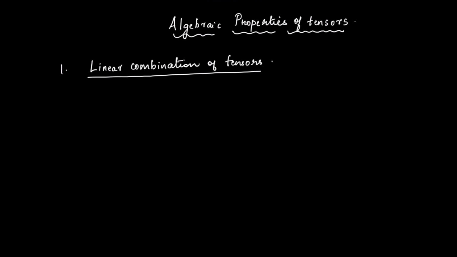and type. So what do you mean by linear combination? It can be either a sum or difference.